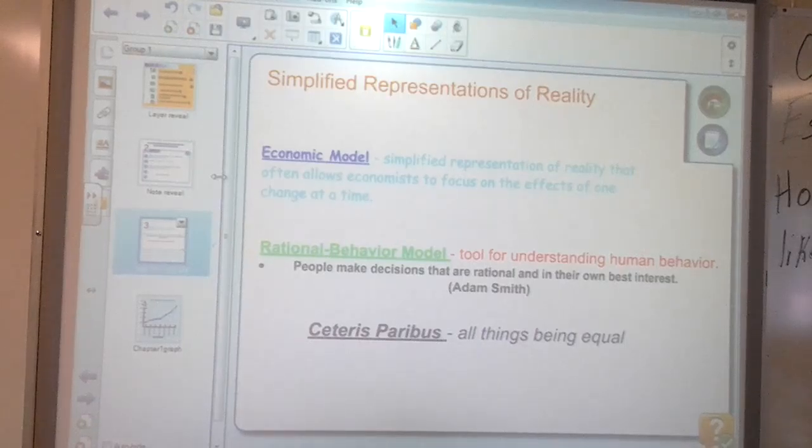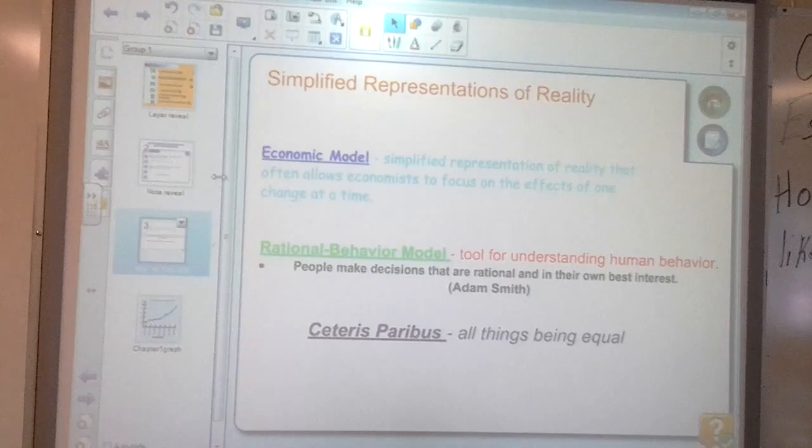And then the second one is the rational behavior model. If you think about rational behavior, they're assuming everybody acts rationally. If something happens, you're going to look out for your own best interests. This is the Adam Smith thing with the invisible hand.